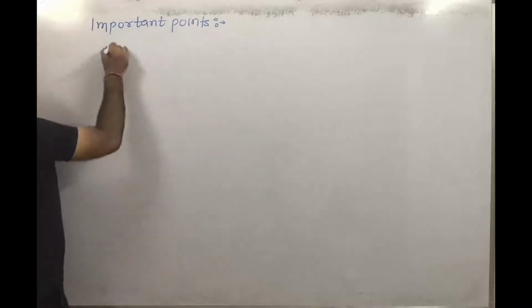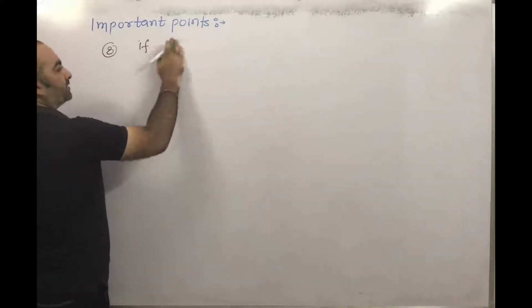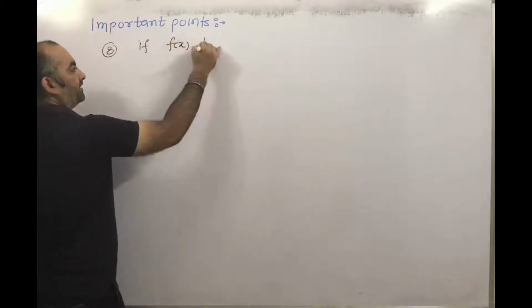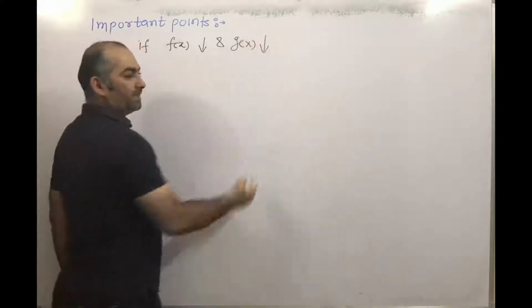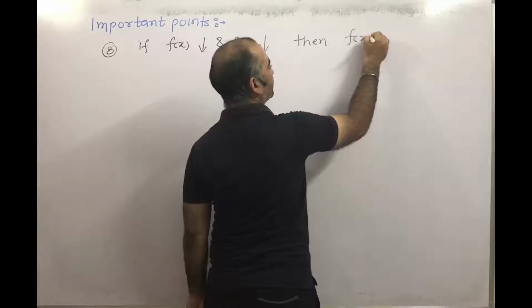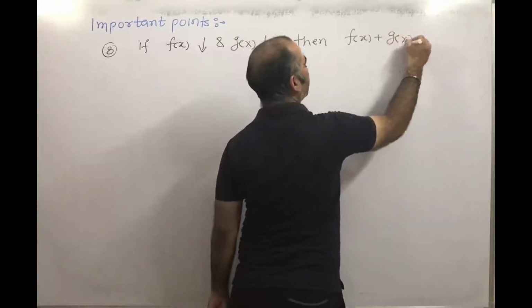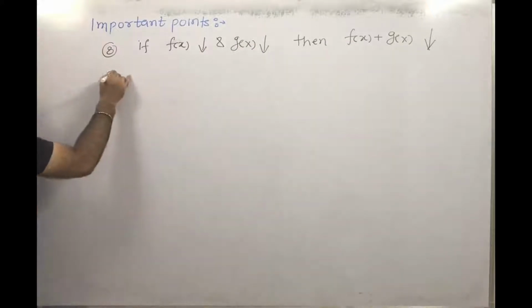Next is the eighth point. If f of x is decreasing and g of x is also decreasing, then f of x plus g of x will be a decreasing function. Next point, the ninth point.